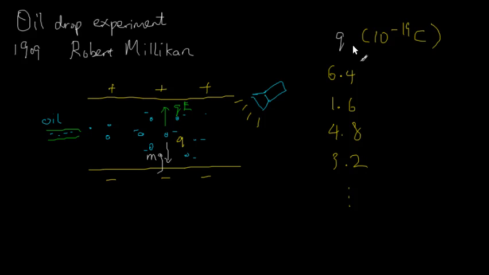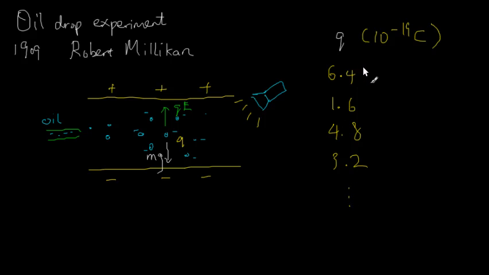For example, can we not have half the charge of an electron, or just any charge we want? Because people did not know about electrons, and this had never been measured before.